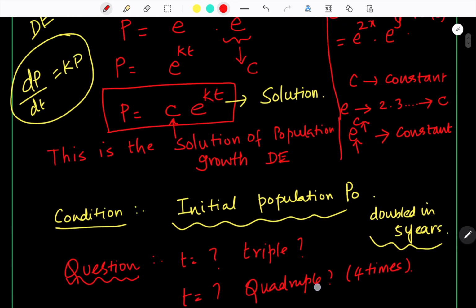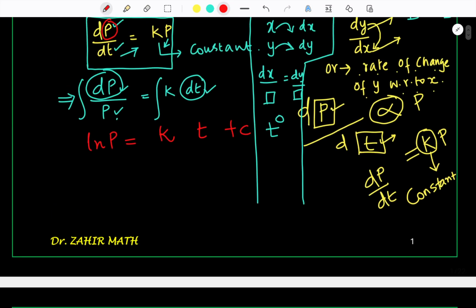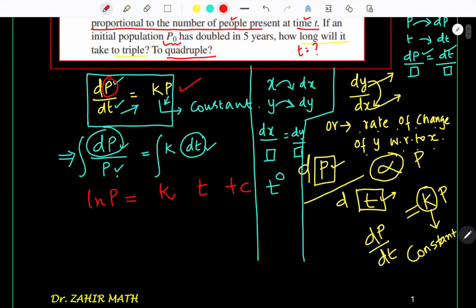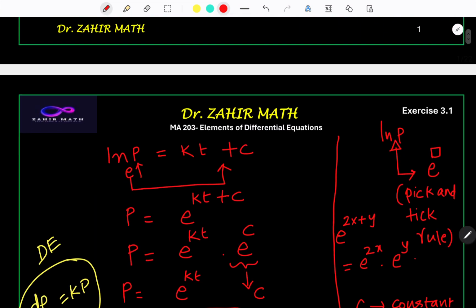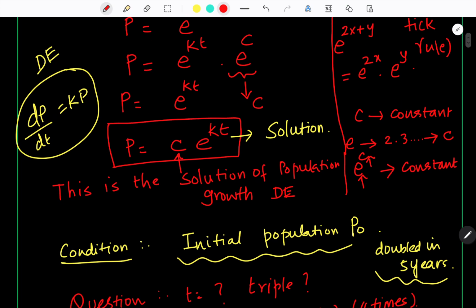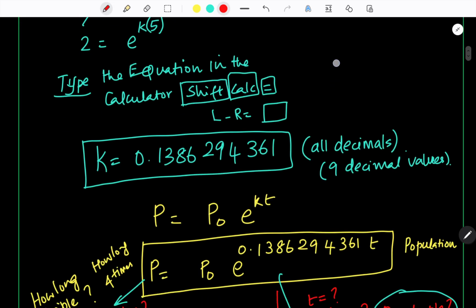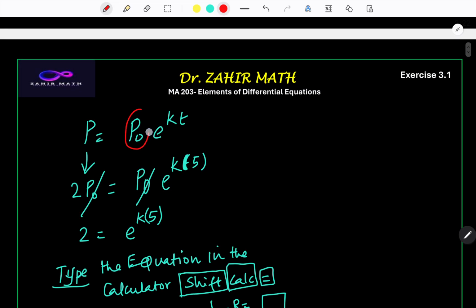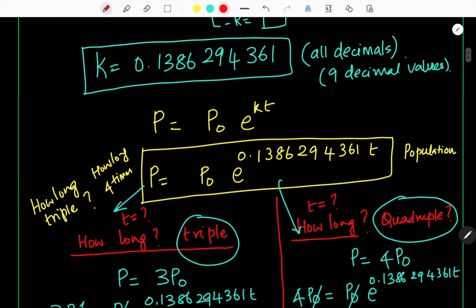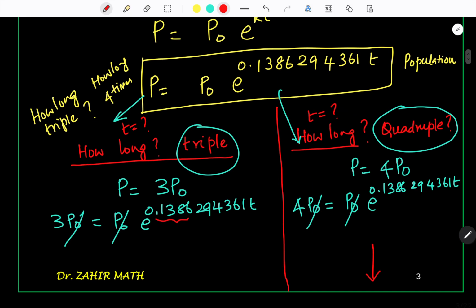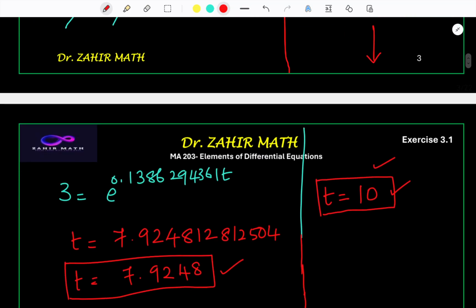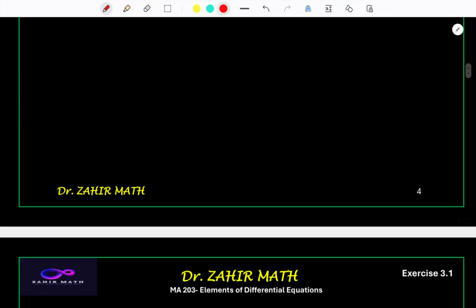For population growth, you need to take this differential equation and solve it. After solving, you put the condition to get this constant K. The initial population is already given as P naught. Then we have 2 questions: how long will it be triple and how long will it be 4 times.